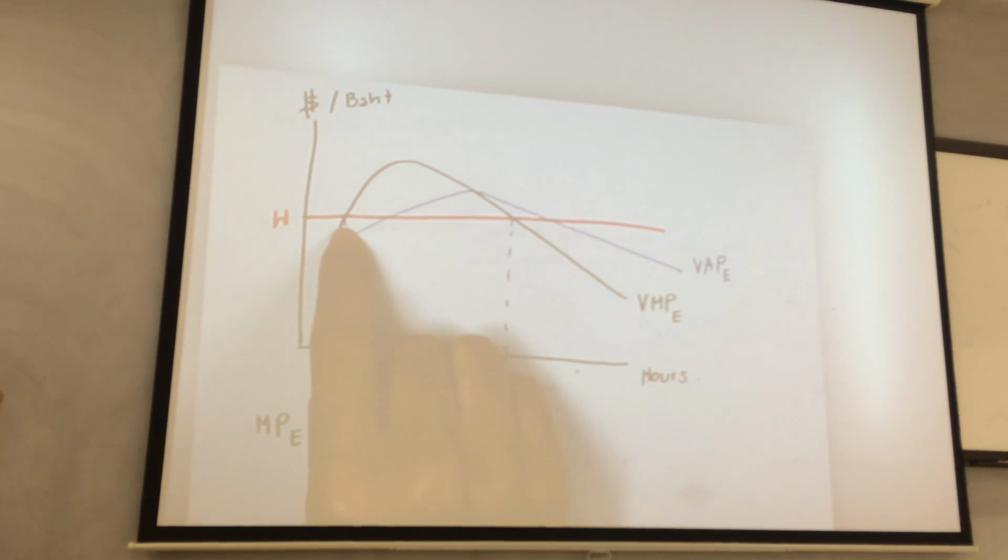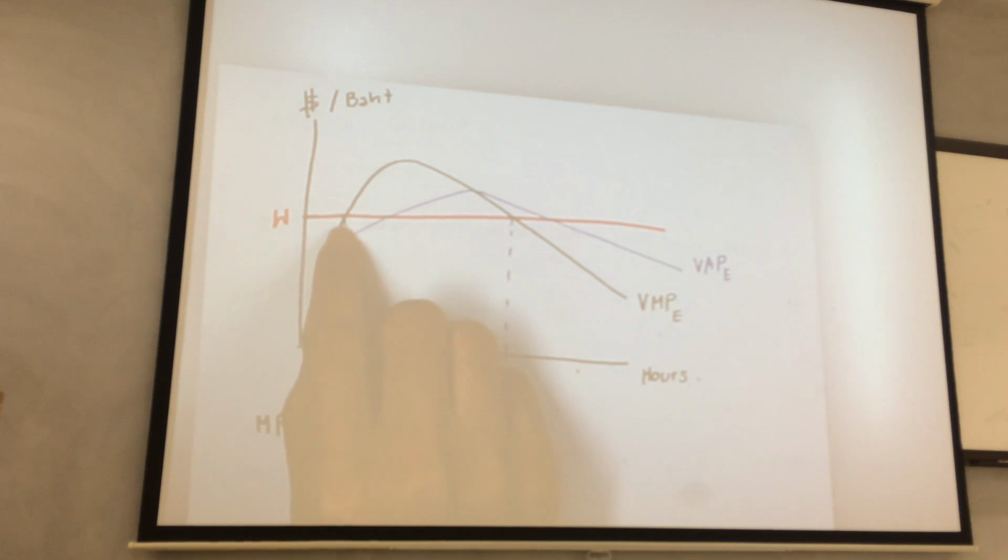What happened here? Here is the part where before this, the cost is higher than the benefit, right? The marginal cost, which is W, is higher than your value of marginal product. The marginal benefit is lower than the marginal cost.